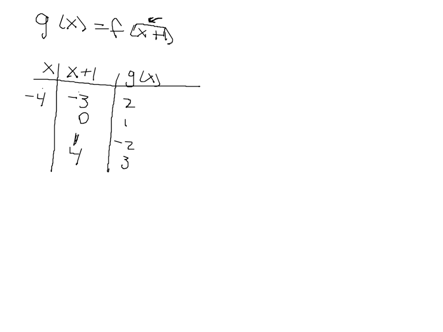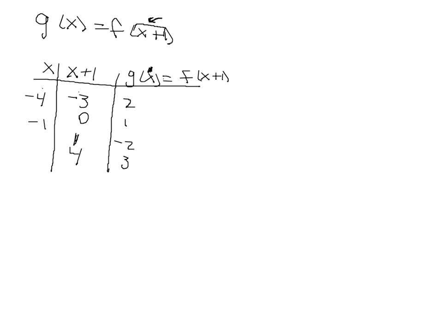Well, if I choose -4, -4 plus 1 is -3, and so that's what goes into g, and then 2 comes out. If I want 0 to come out of x plus 1, then what I need is to put in a -1.